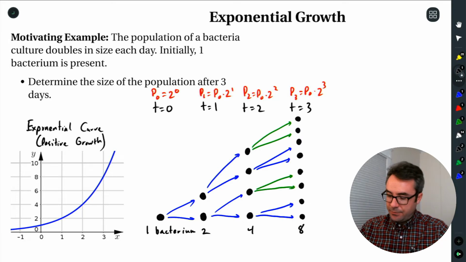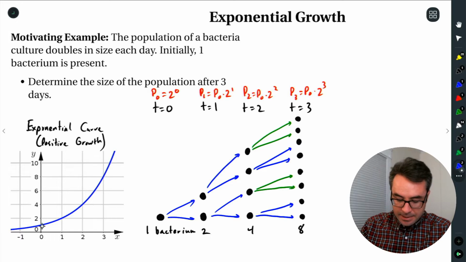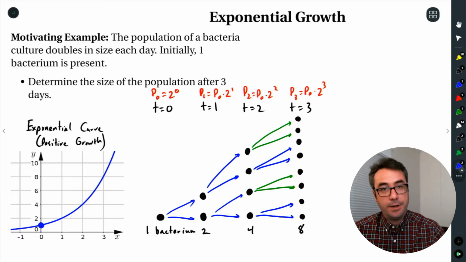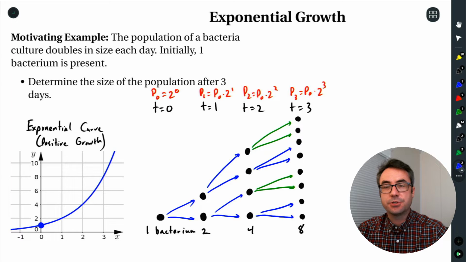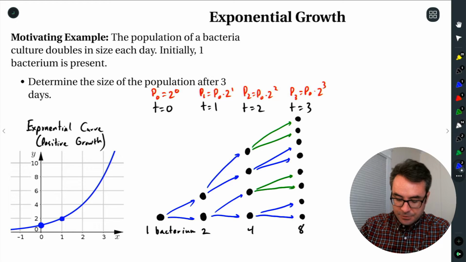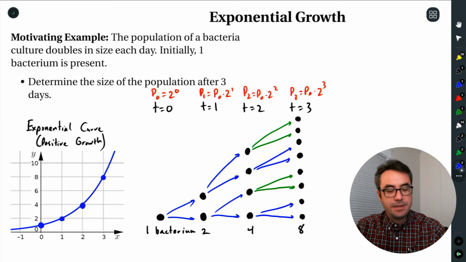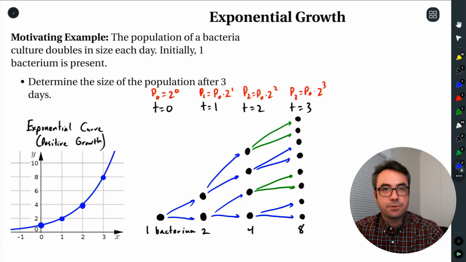And if we plot our population on here, on day 0, we start with 1. So that's what our initial population was for this little motivating example. And then after 1 day, we had 2. And then after 2 days, we had 4. And then on day 3, we had 8. And you can see our population fits this exponential growth curve here.